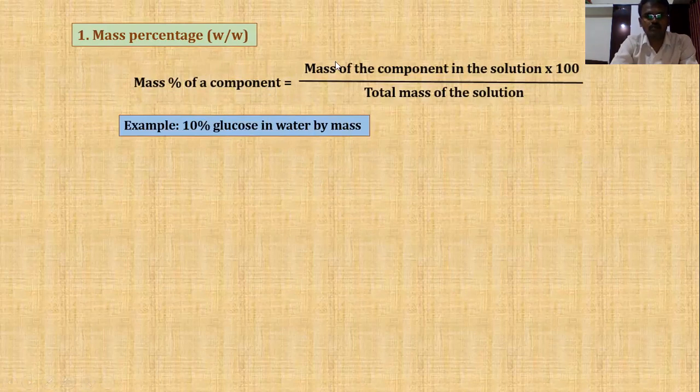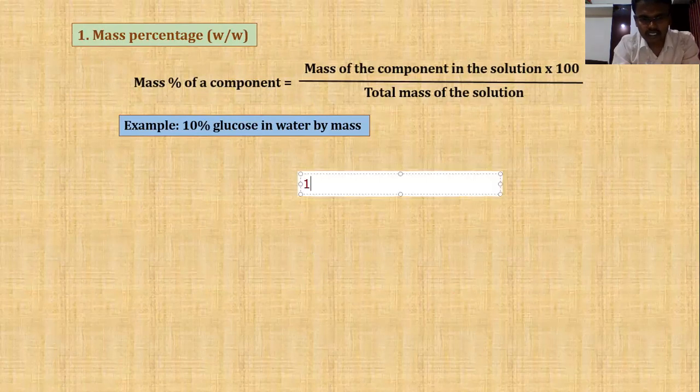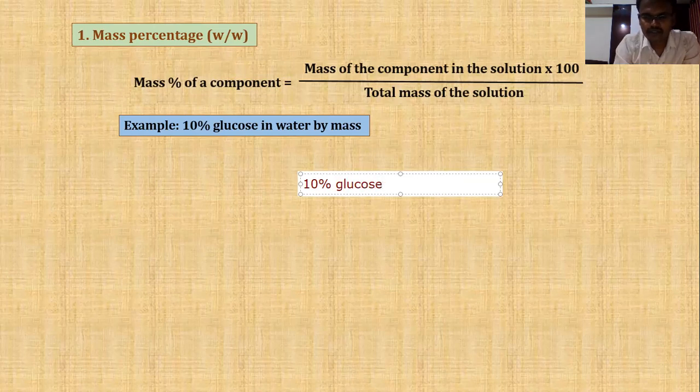In problems they might also give it like this: 10% glucose solution, 10% glucose (aq), aqueous, that means dissolved in water, an aqueous solution, (w/w), weight by weight. This is what they'll give.